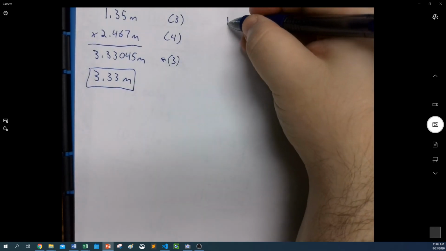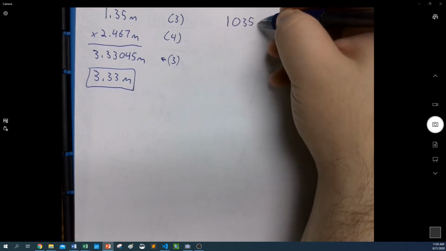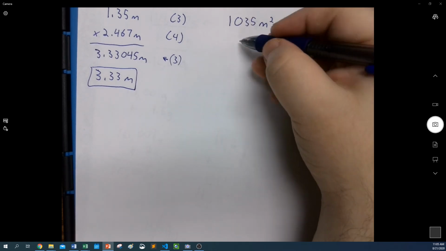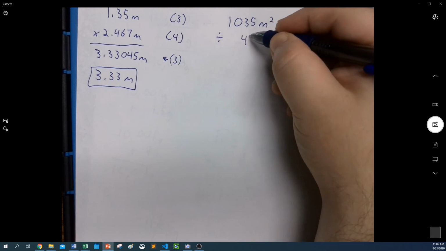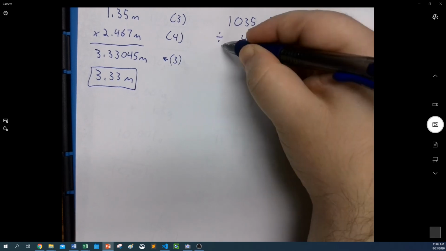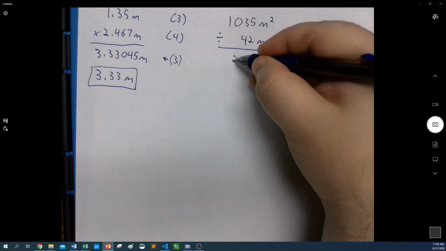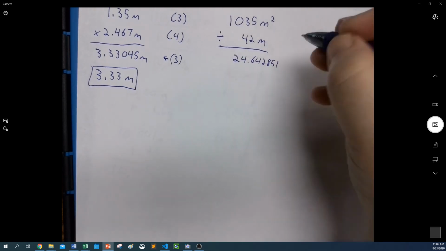So if I did 1,035 square meters divided by 42 meters, that is equal to 24.642857 meters.